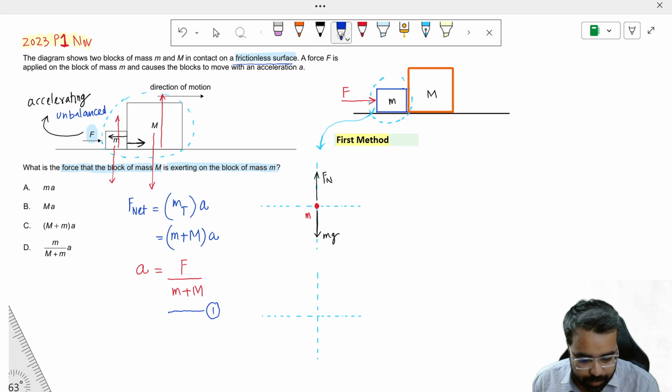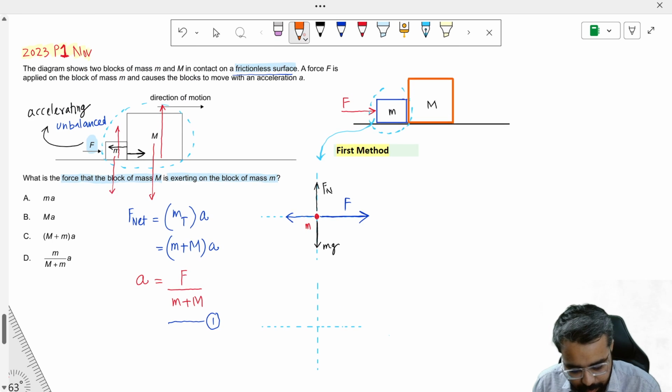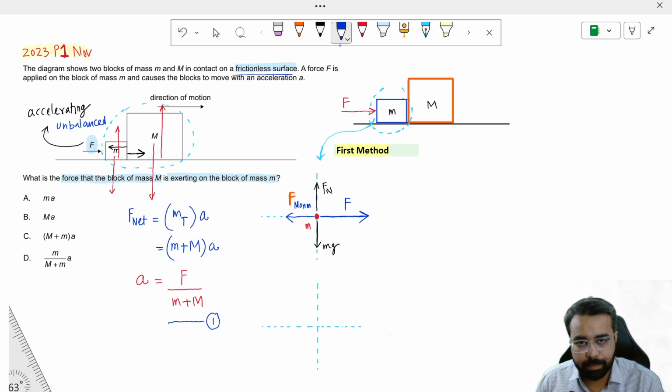The force that is applied directly, and that must be a larger force than this force. Okay, so this is our applied force, and kindly pay attention here, dear students, this is a force which we actually want to find out. I'm going to write it as F of capital M on small m. This is the force that we want to calculate in this question.